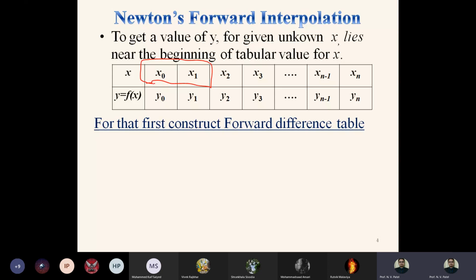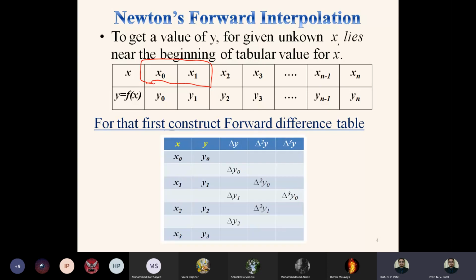So first of all we have to construct our forward difference table, जो हमने प्रैक्टिकल 2 के शुरुआत में सीखा था, how to construct this forward difference table. So write down in a column x and value y with alternate lines. एक लाइन को छोड़ के हम x0 y0 फिर x1 y1 लिखेंगे, फिर एक लाइन को छोड़ देंगे x2 y2, फिर एक लाइन को छोड़ देंगे x3 y3.